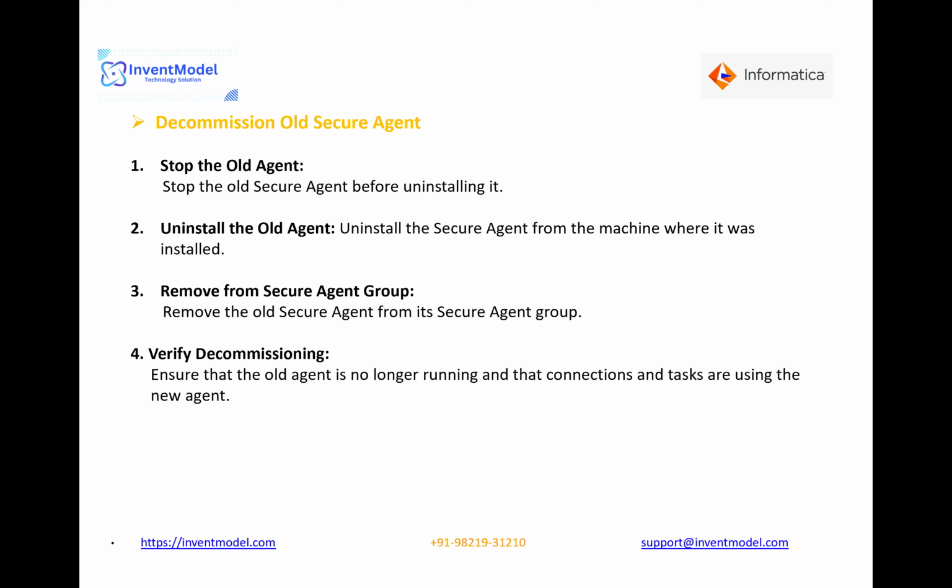In this process we need to ensure that the old agent is no longer running, and that connections and tasks are using the new agent. We also need to make sure that whatever tasks and connections we have are using the new secure agent, and there is no usage of the old secure agent, and it is removed properly.